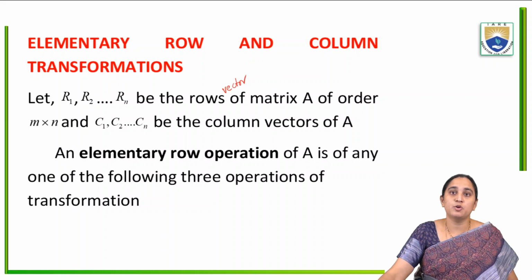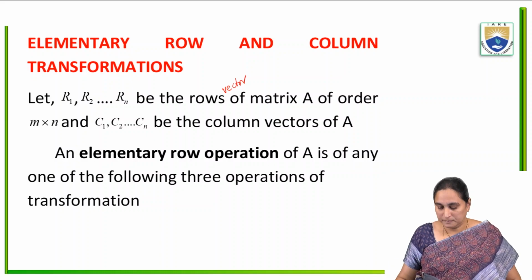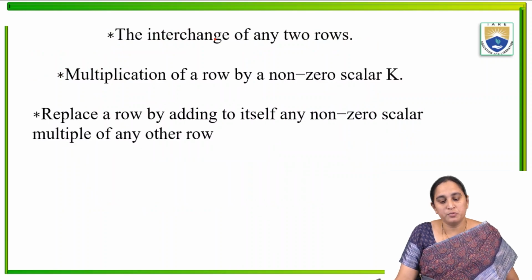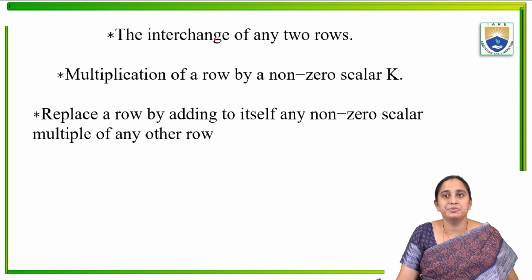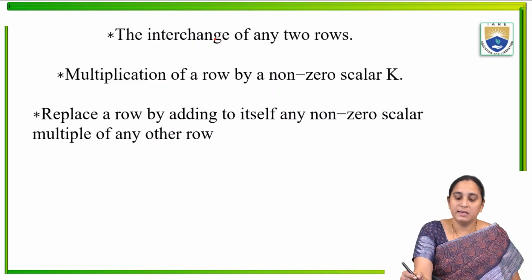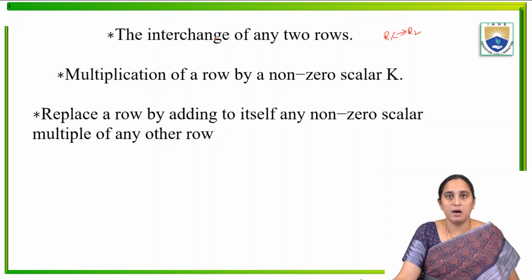First I'll discuss the row transformations. The first is the interchange of any two rows. The second is multiplication of a row by a non-zero scalar k. Interchange of rows means R1 to R2 or R2 to R1.